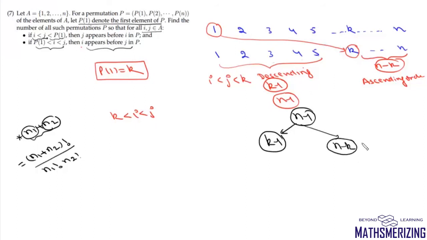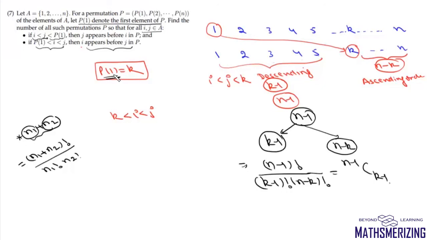So it can be done in factorial (n minus 1) upon factorial (k minus 1) factorial (n minus k), which is nothing but (n minus 1) C (k minus 1). So if P1 is k, then the total number of such permutations is (n minus 1) C (k minus 1).